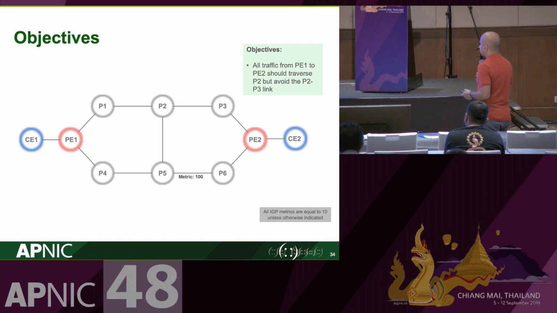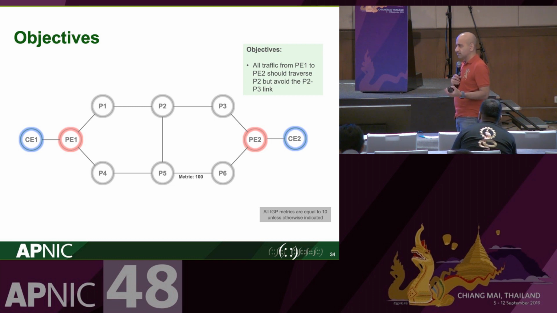Objective: traffic from PE1 to PE2 should traverse P2. So there's the other condition that I want all my traffic to first go to P2 and then go to PE2, but it should not use this link. Now this is arbitrary. I've just made this up.